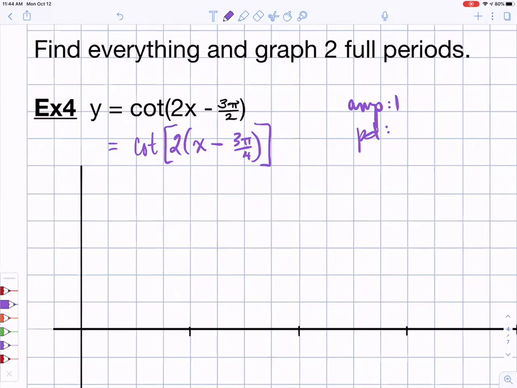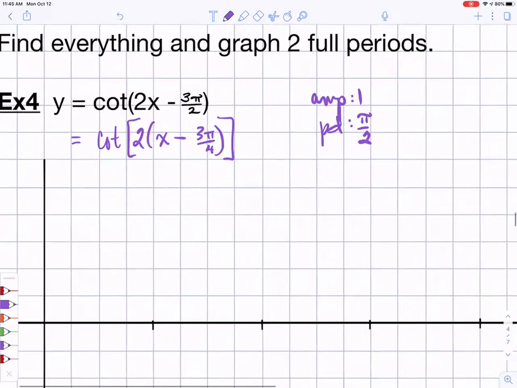Okay, so now, Savannah, can you tell me what the period is? What's the formula? You can look it up, I don't mind. Because we just learned it today. Okay, so it's pi over b. Yep. All right, and let's see here.